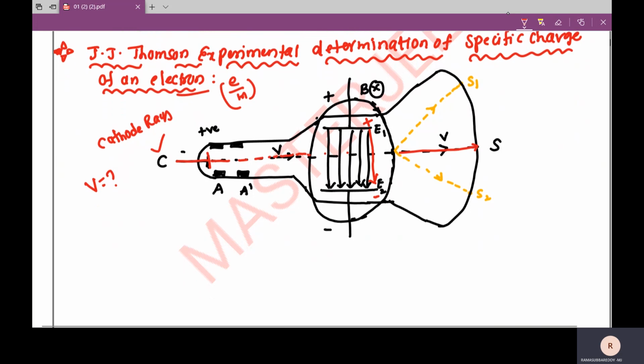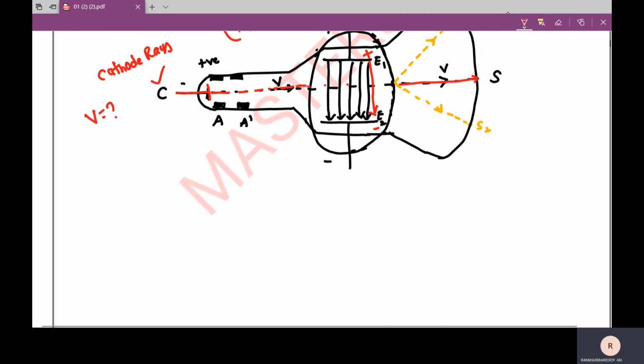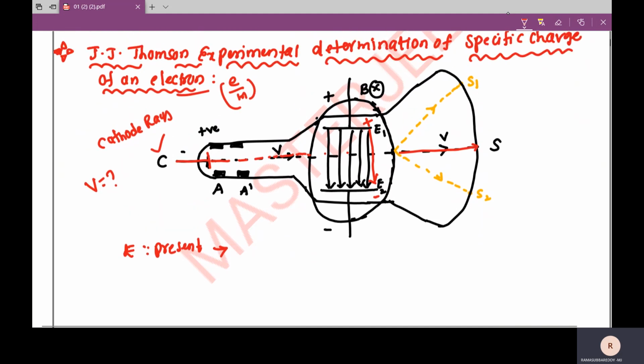Now first we will see what happens when only the electric field is present. When the electric field is present, the electron moves along the electric field and gets deflected to S1.